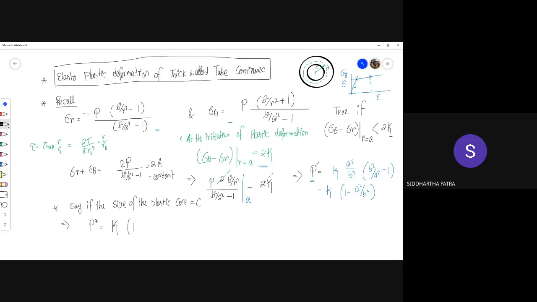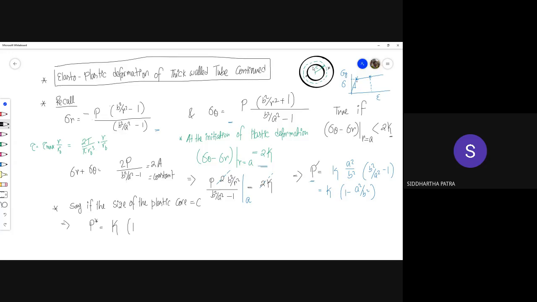So that means at C, the stress state may be different in different locations. For example, over here it is elastic, and over here the plastic deformations are going on. But C is that radius where both the equations are valid. That means any point that is at C away from the center is going through yielding.